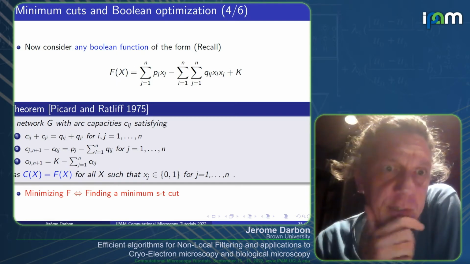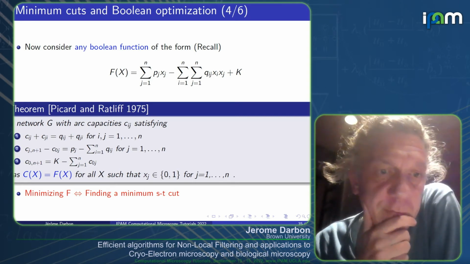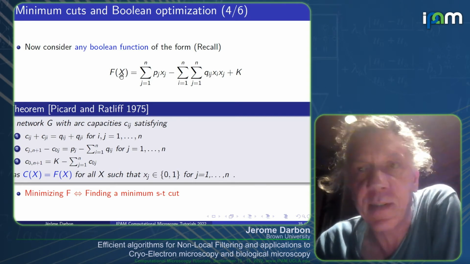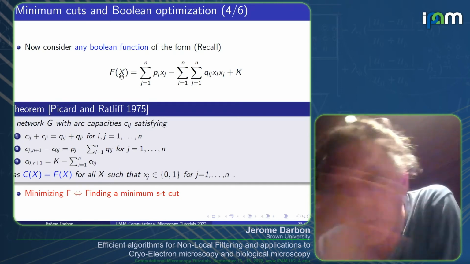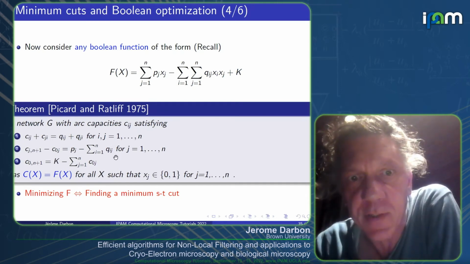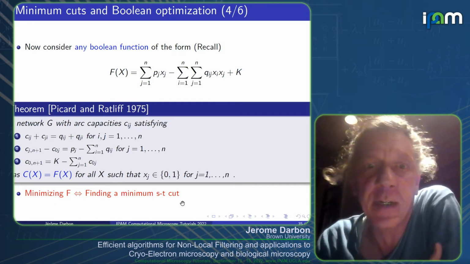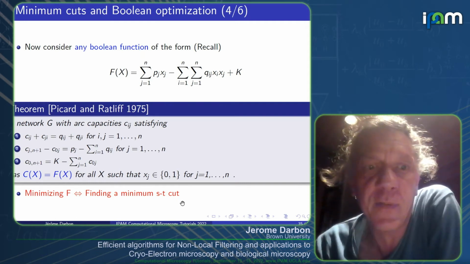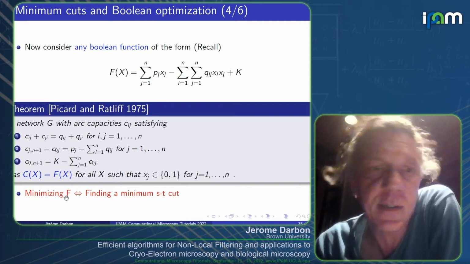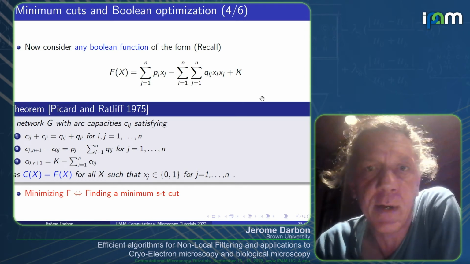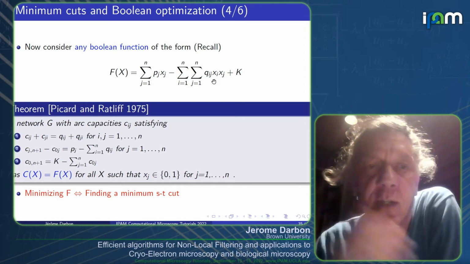So using this point of view, if you want to minimize f, all you need to do is build the graph and compute the minimal cut. If you have a minimal cut, then you also have a minimizer of f. It's the equivalence.